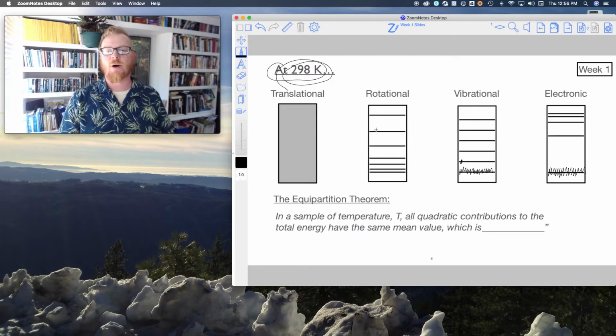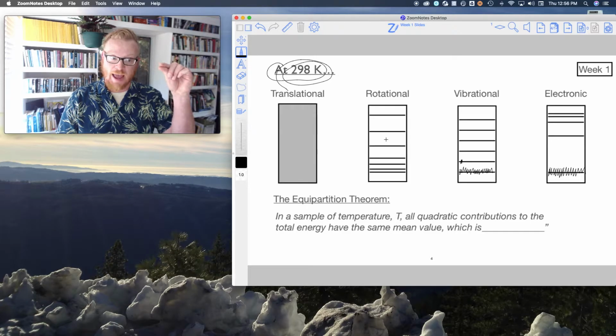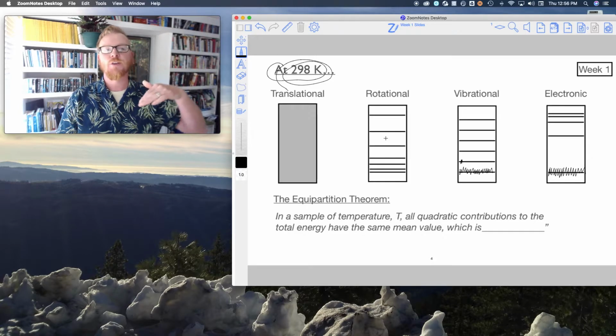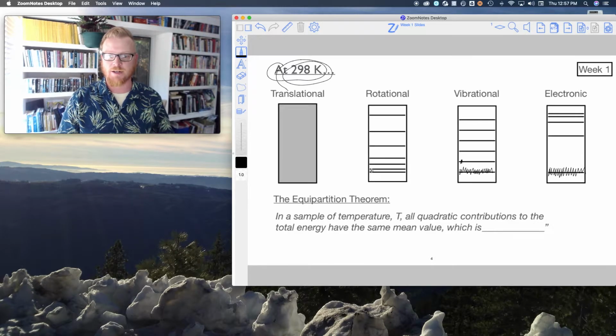Now, as it turns out, there's a distribution in the rotational levels, and that's because the levels are very finely packed together. That was one of those postulates, right? The closer the levels are together, the more of the upper-lying states will be populated. So what we will actually see is a distribution.